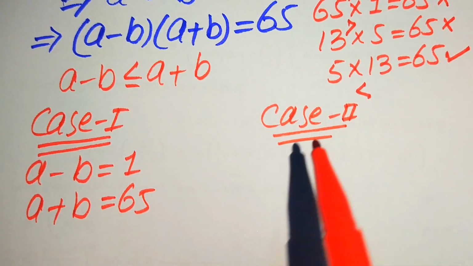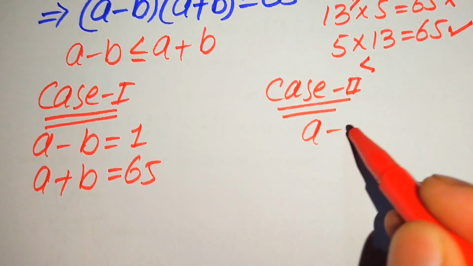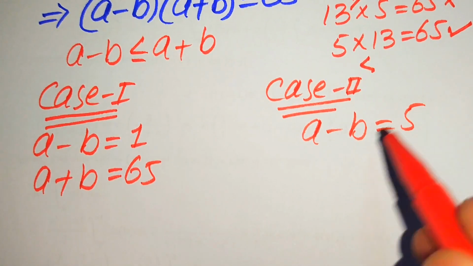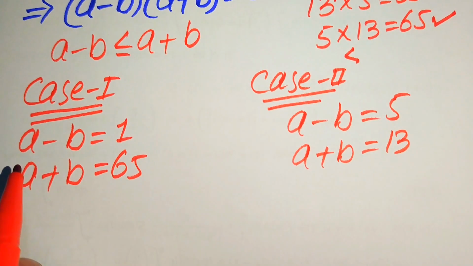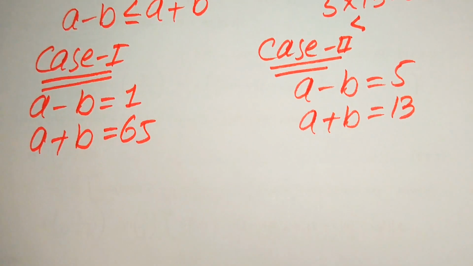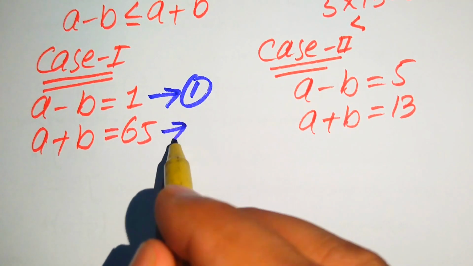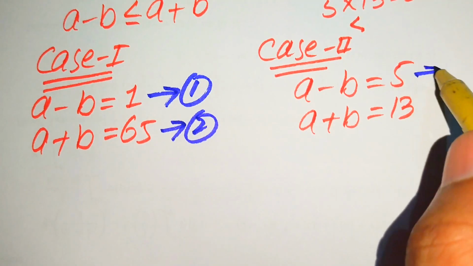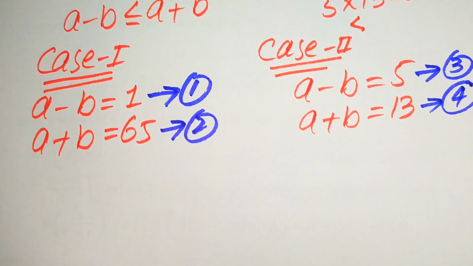In the second case, we compare a minus b and a plus b with 5 and 13, and we get a minus b equals 5 and a plus b equals 13. We denote these as equation number 1, equation number 2, equation number 3, and equation number 4.